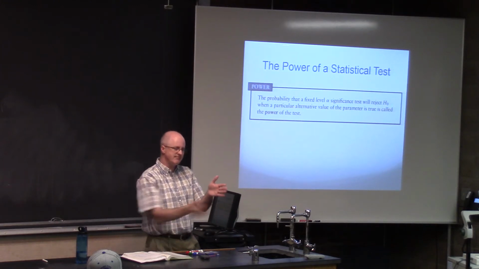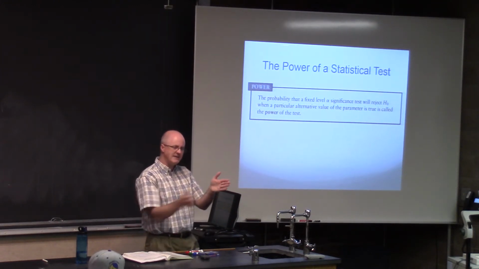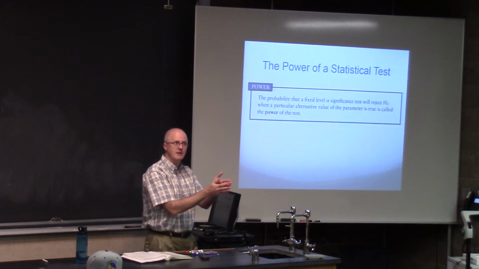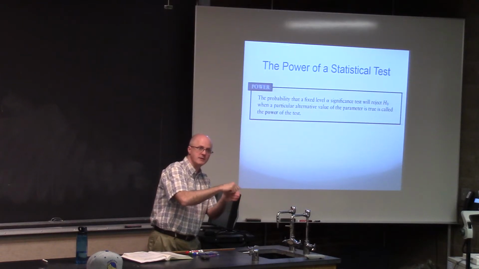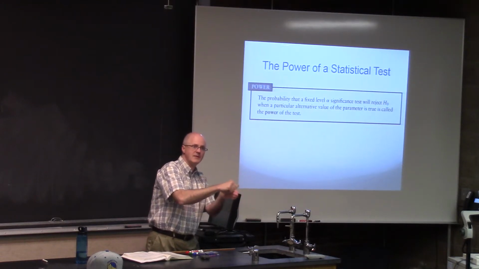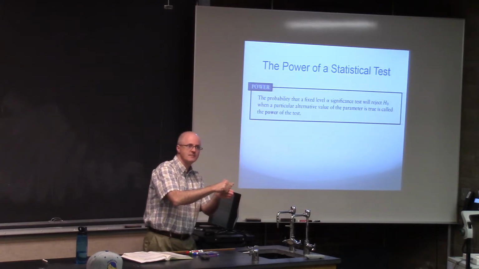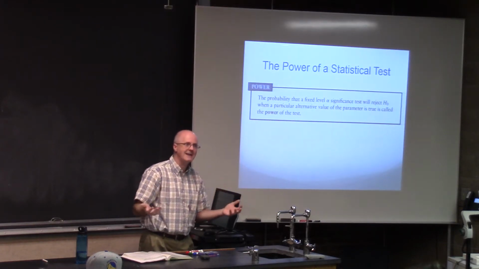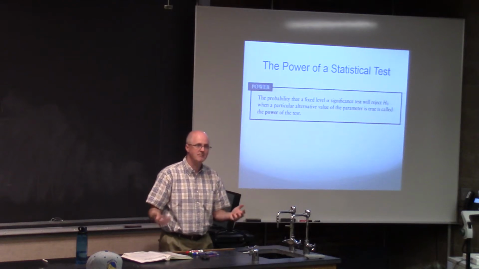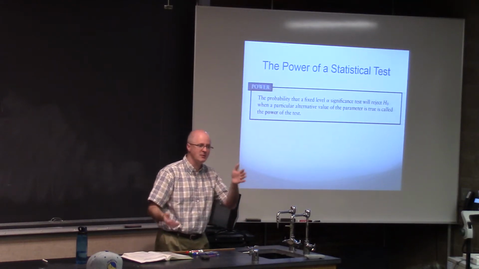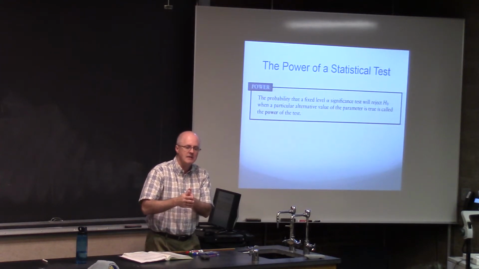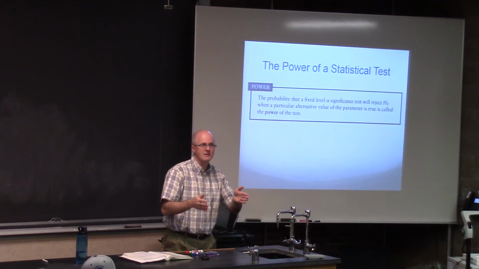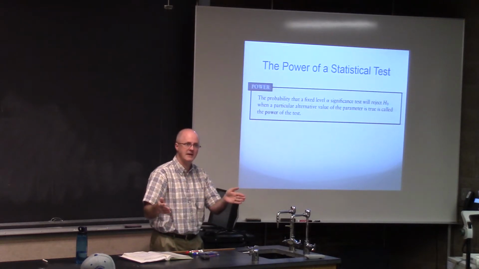If it's a right-tailed test, you pick the smallest alternative value that's still an important difference from the null, that you want to be able to detect. For example, with internet sales and a new ad campaign, you're going to spend money on the campaign, so you hope to make not just a little bit more than the old sales per person per month, but a significant, important amount more to justify your expenses.